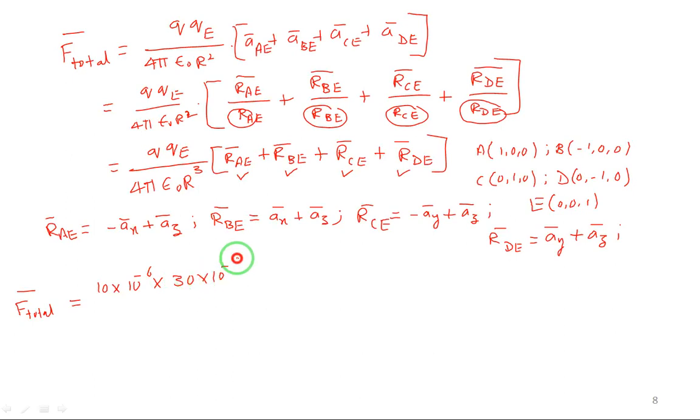I am substituting the formula, divided by 4 into pi into epsilon naught 8.854 into 10 power minus 12. Yes, I have not calculated R yet. So how to calculate R? R is equal to RAE, RBE, one and the same. So RAE I have. Then magnitude of RAE I will find out. Any one you find out. So R is equal to magnitude of RAE.